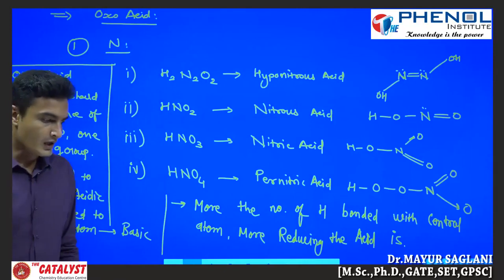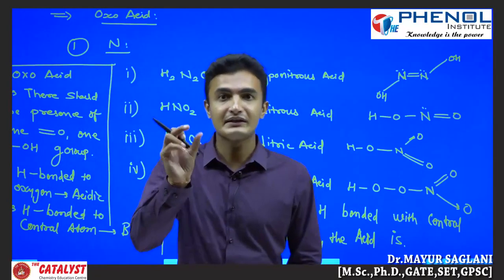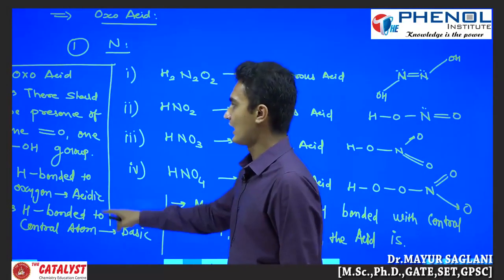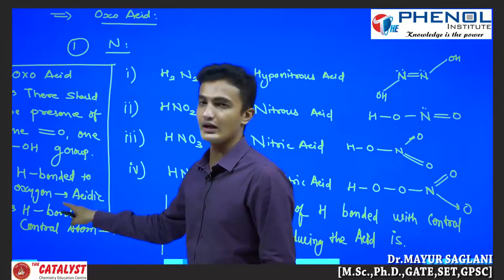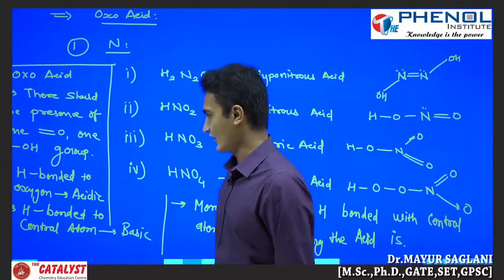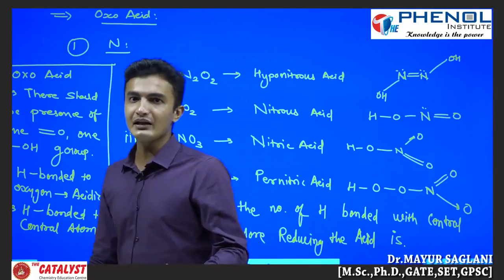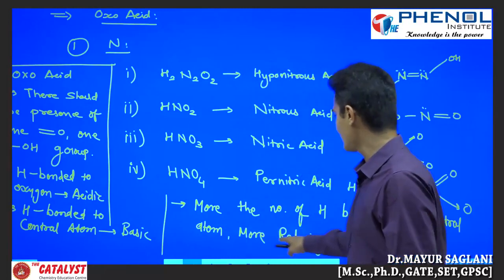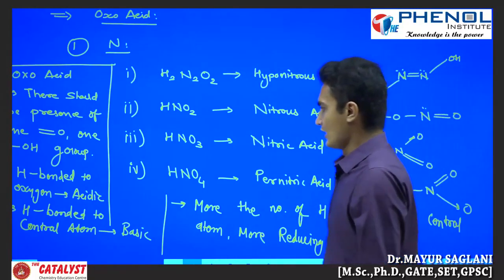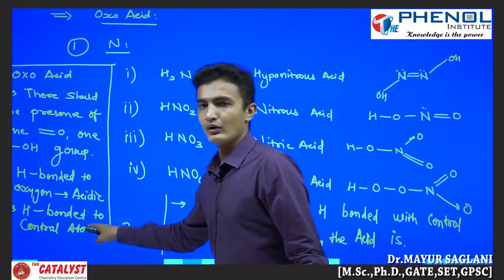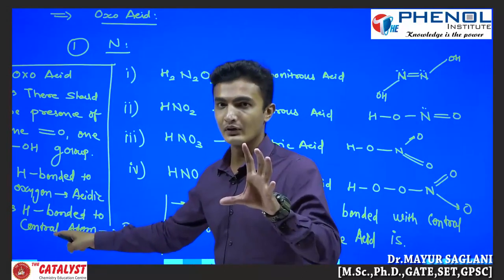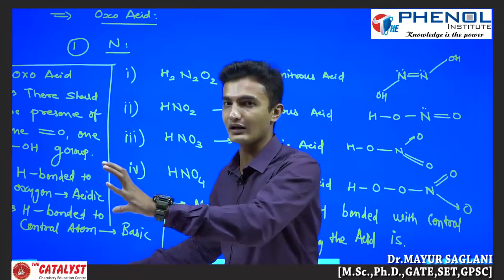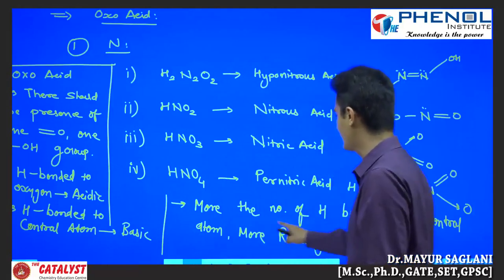Okay, hydrogen which is directly bonded to the central atom is basic in nature, and hydrogen bonded to the oxygen atom is acidic in nature. Fine. So if it is basic in nature, it should show reducing character, is it or not? Fine. So the number of hydrogen atoms bonded directly to the central atom, not with the oxygen atom, will decide the reducing property of the oxo acid.